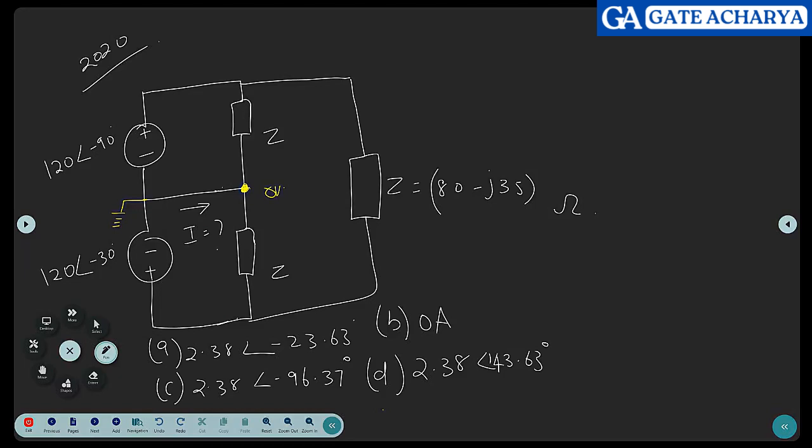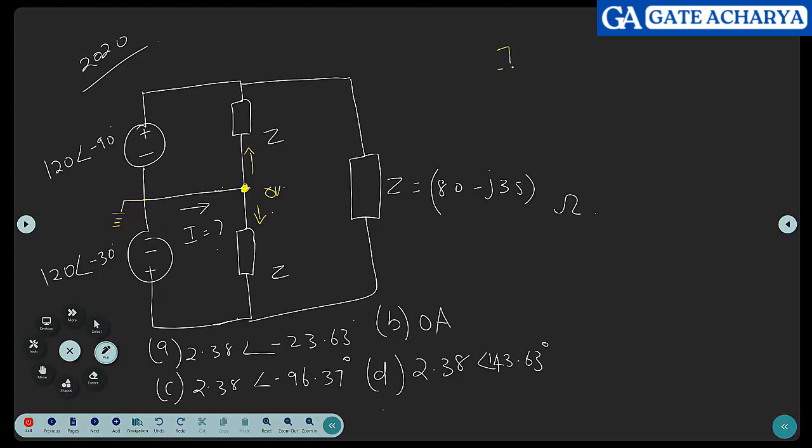Let us say that this current is getting divided. What will you say? 0 minus this voltage divided by Z plus 0 minus this voltage. How will you write KCL? 3 branches are there.